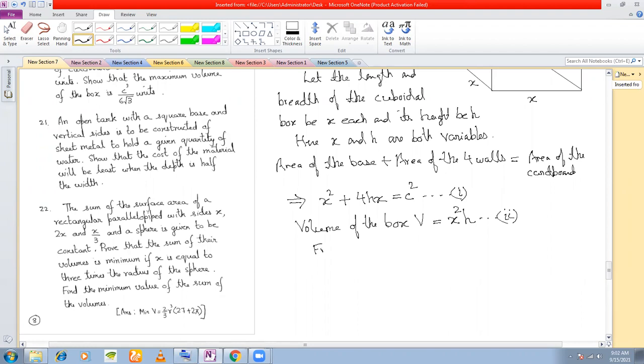So from 1, we find out the value of h, because you have x square plus 4hx. We cannot find out the value of x here because this is a quadratic in x.